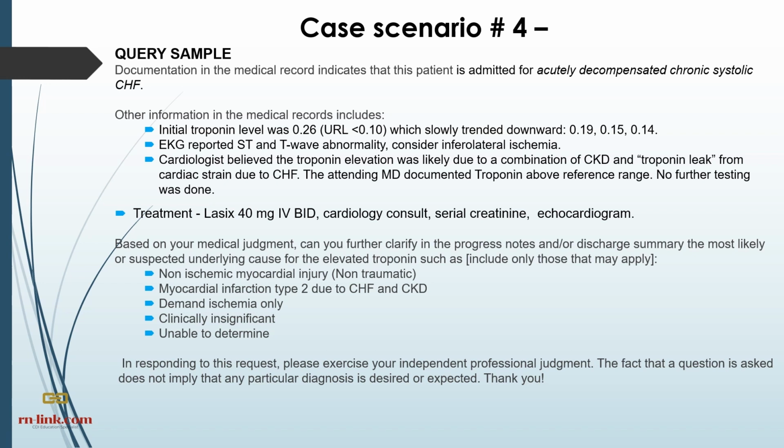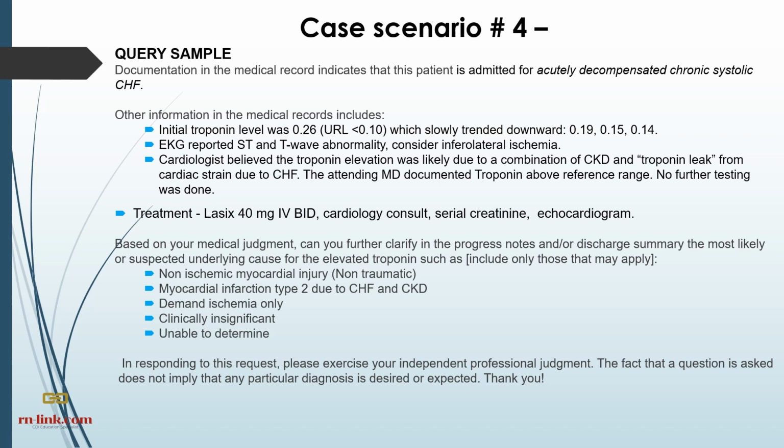Cardiologist believed the troponin elevation was likely due to a combination of CKD and troponin leak from cardiac strain due to CHF. The attending MD documented troponin above reference range. No further testing was done. Treatment: Lasix 40 mg IV BID, cardiology consultation, serial creatinine, echocardiogram.